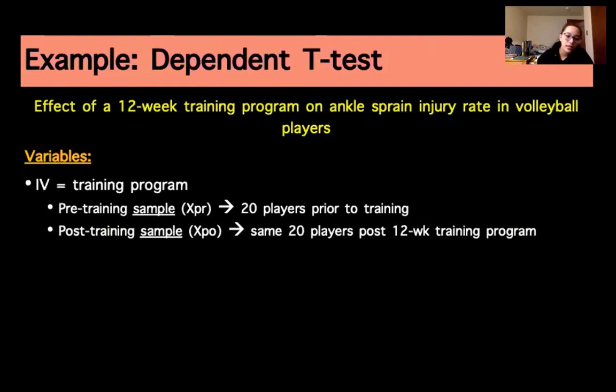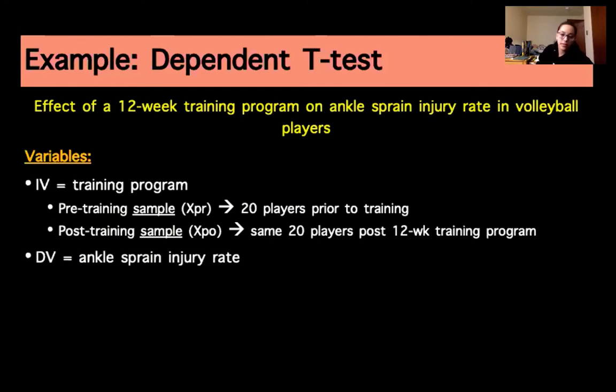So we would collect our 20 players and look at what your average ankle sprain injury rate is over the past X number of years. That would technically be our mean injury rate for that sample. And then we would give them this training program for 12 weeks to see if that injury rate changes at all.